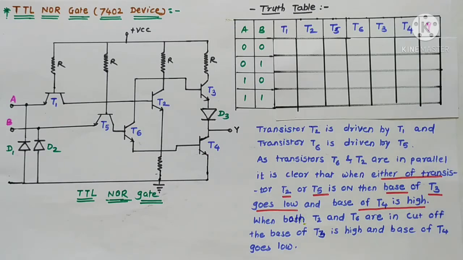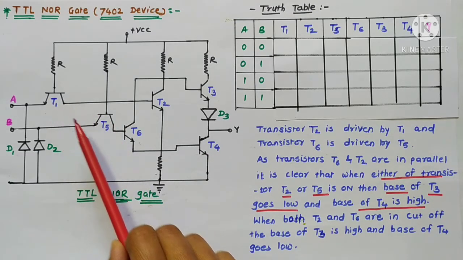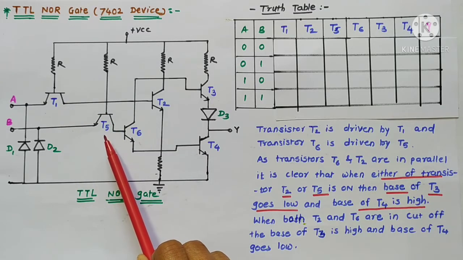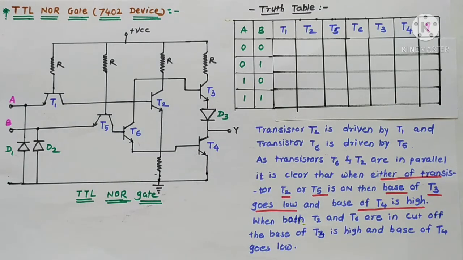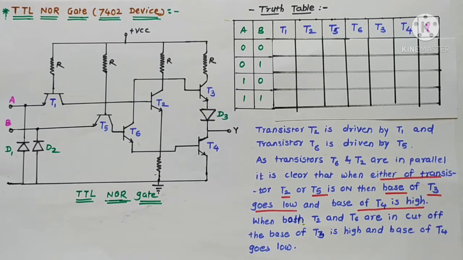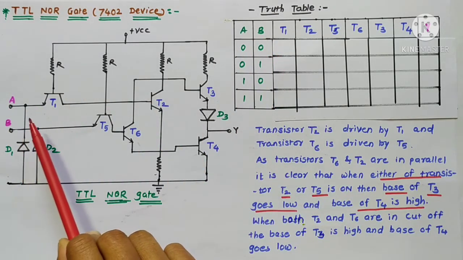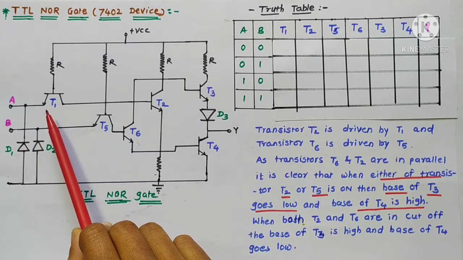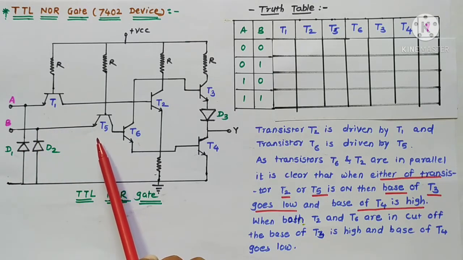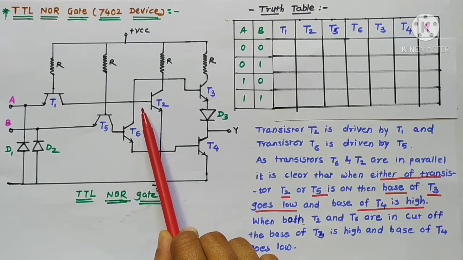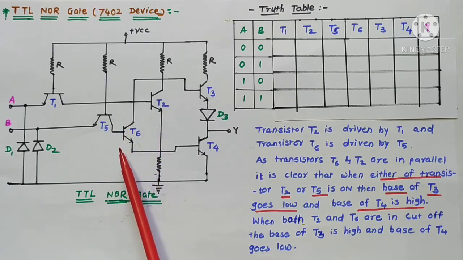Therefore, at this time both transistors T1 and T5 become on, and therefore T2 and T6 go low.